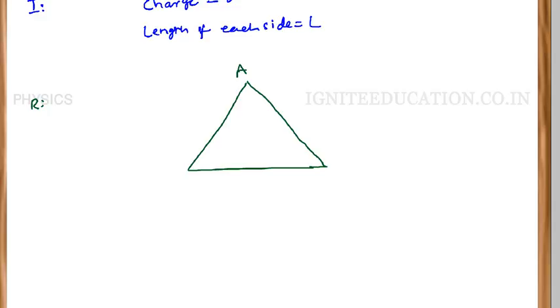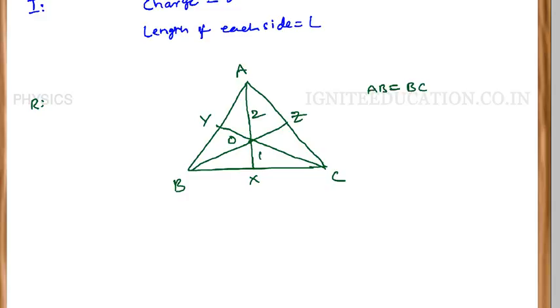So assume the equilateral triangle is ABC, and the centroid is the concurrent point of each median drawn from the vertices of the triangle. Let it be O. This centroid will cut each median in 2:1 ratio. Now if you name these midpoints as X, Y and Z, since it is an equilateral triangle, AB is equal to BC is equal to CA.